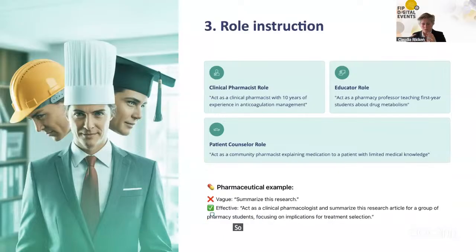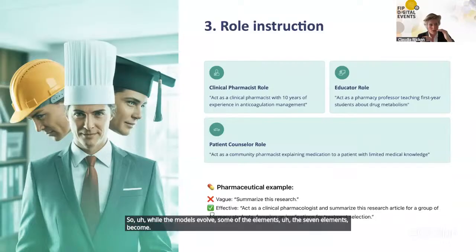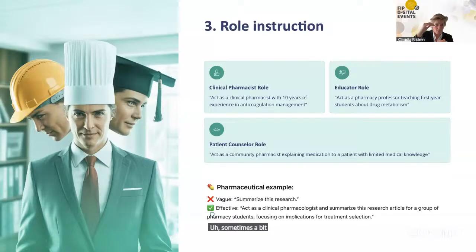So while the models evolve, some of the 7 elements become sometimes a bit more and sometimes a bit less critical. But in general, role instruction still is important.